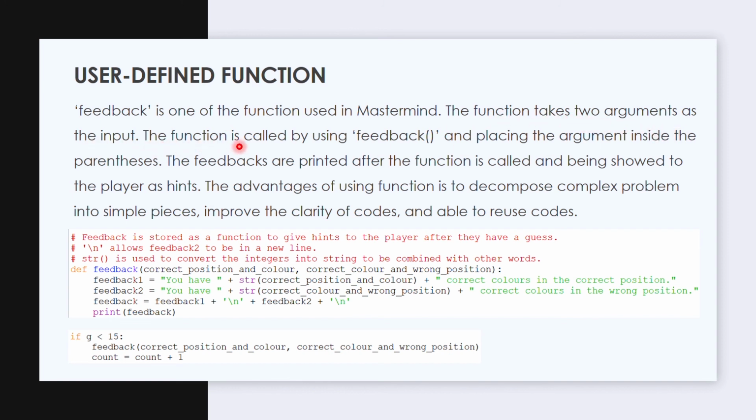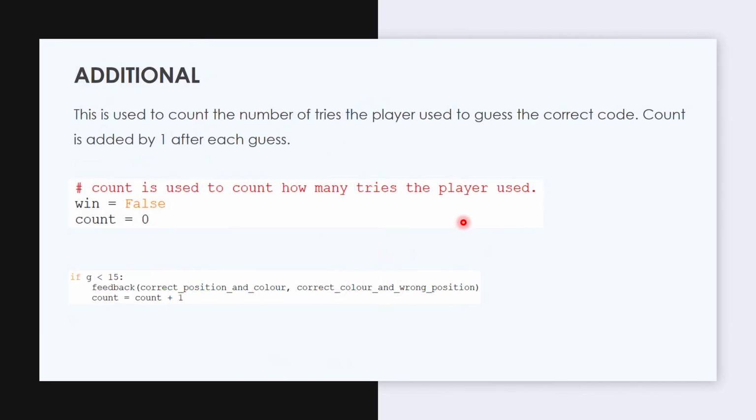The function is called by using feedback followed by parentheses and placing the arguments inside the parentheses. The feedback is printed after the function is called and shown to the player as hints. The advantages of using functions are to decompose complex problems into simple pieces, improve the clarity of code, and be able to reuse code. Here is some additional information about the code I use.